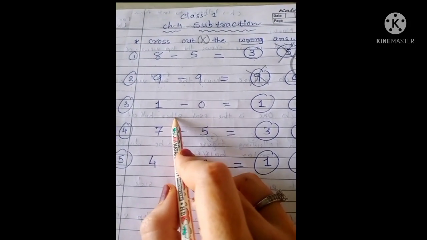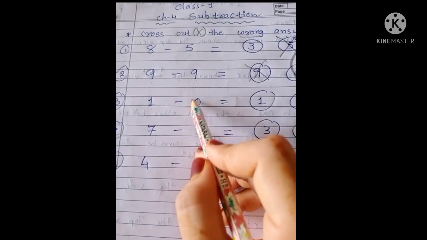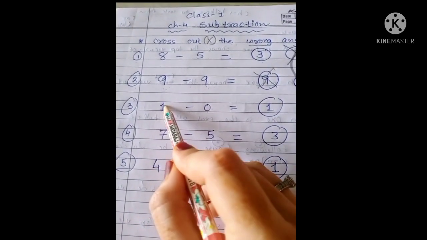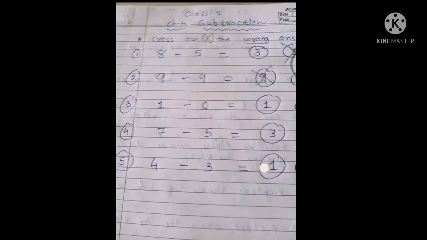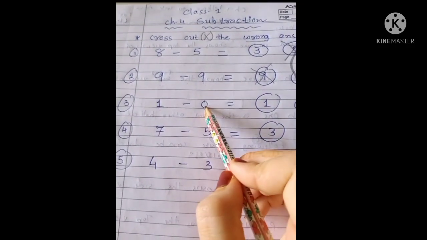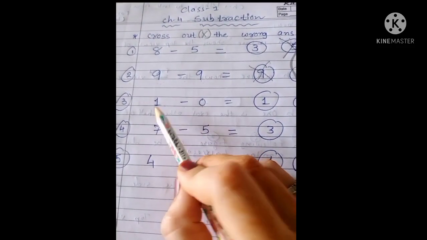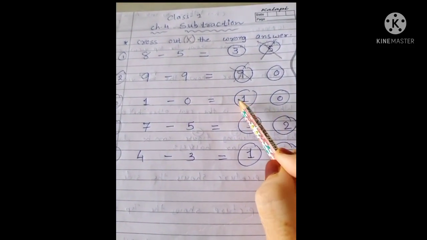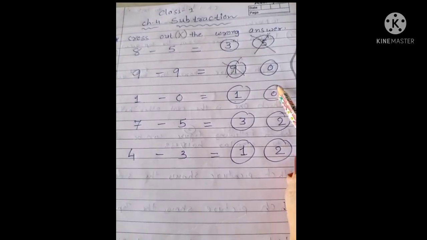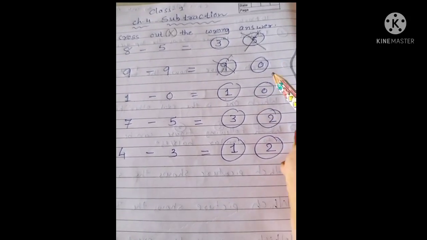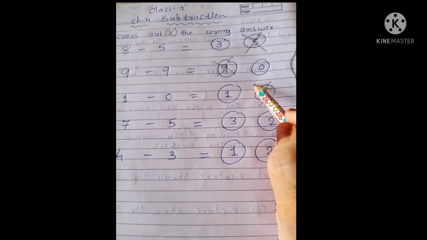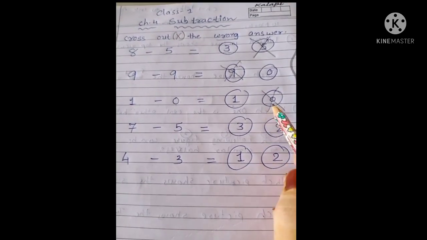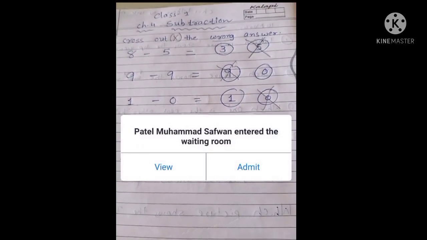As I told you, whenever we are subtracting 0 from any number, we always get that number as an answer, right? So that means if we are subtracting 0 from the 1, we will get answer 1. So here 1 is our right answer. So that means 0 is the wrong answer. So we have to put a big cross mark on the number 0 because 0 is the wrong answer.